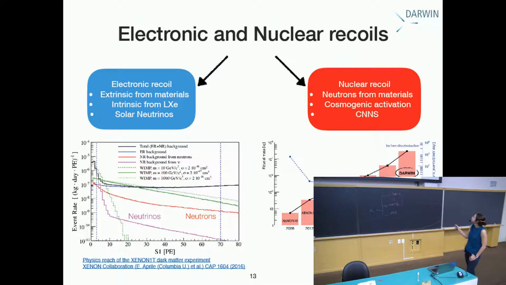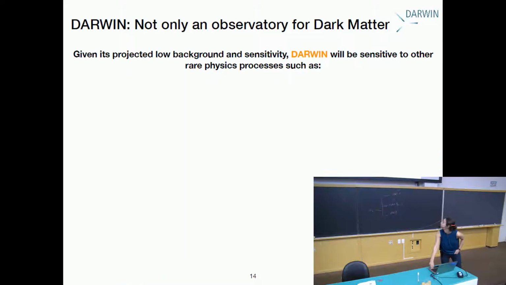DARWIN will reduce by one order of magnitude the expected background of XENONnT. For the nuclear recoil part, we will have the neutrons from materials as well, the cosmogenic activation, and now an important channel will be the coherent neutrino-nucleus scattering that will come from the neutrinos in the sun.